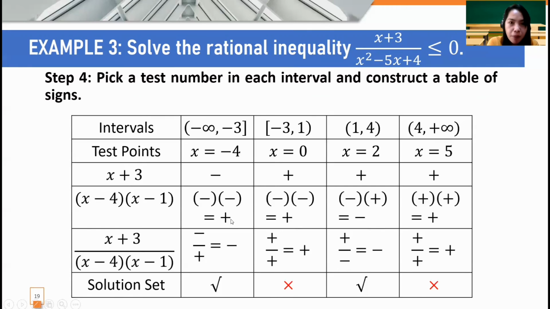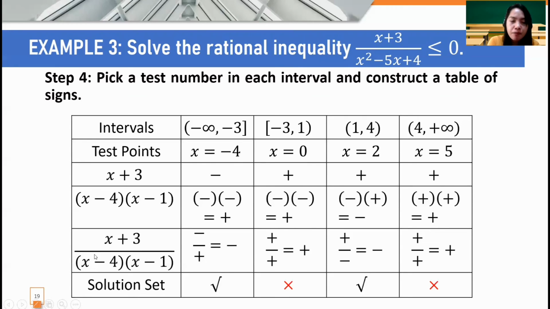Negative times negative, positive. 0 minus 4, negative. 0 minus 1, that is negative. 2 minus 4, that is negative. 2 minus 1, that is positive. Negative times positive, that is negative. 5 minus 4, that is positive. 5 minus 1 is positive. Positive times positive is positive.